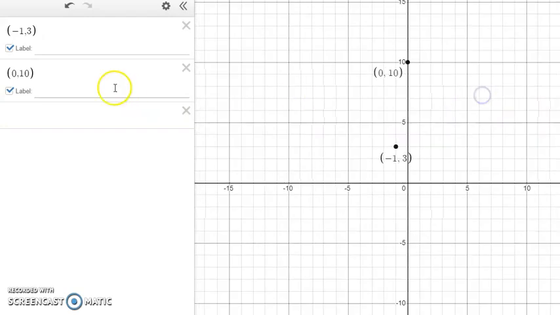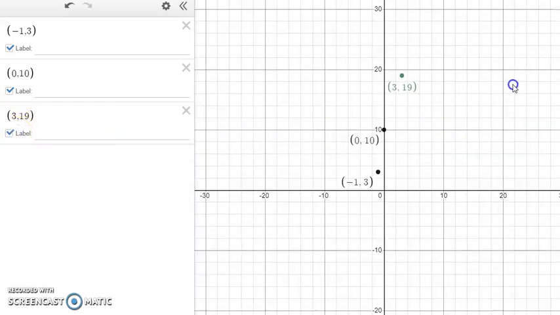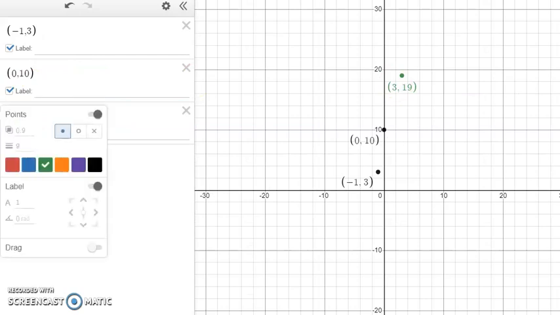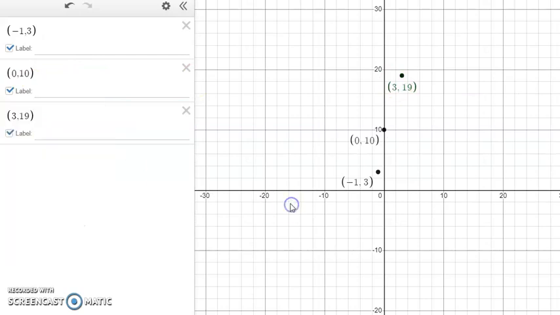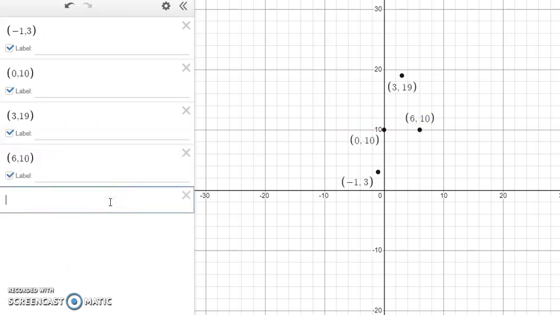A little bigger so you can see. And then we had 3 and 19. And we're coming back down. We have 6 and 10. And then back down we had 7 and 3.